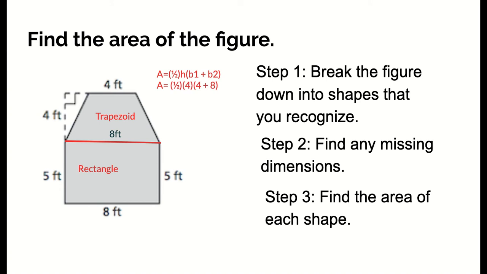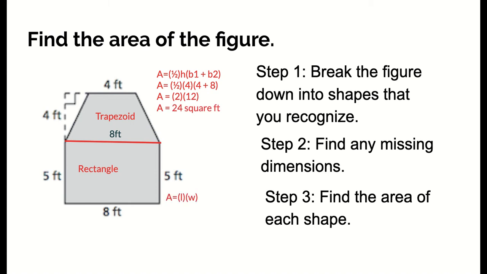So I know that the height is 4, and base 1 and base 2 are 4 and 8. Next, I'm multiplying 1/2 and 4 to get 2, and at the same time, I'm going to add 4 and 8 to get 12. So the total area for my trapezoid is 24 square feet.